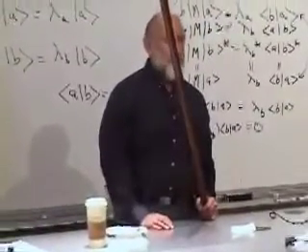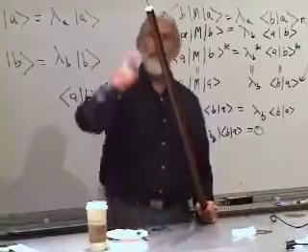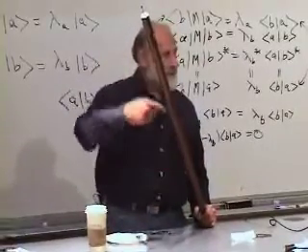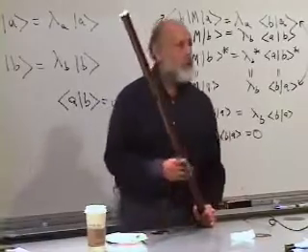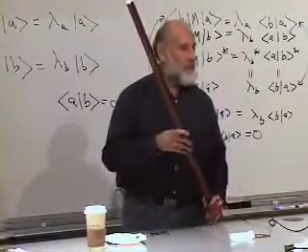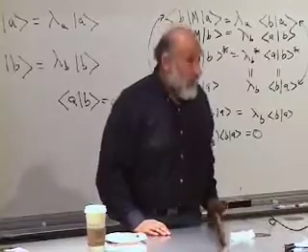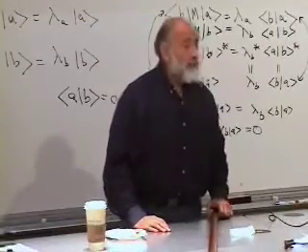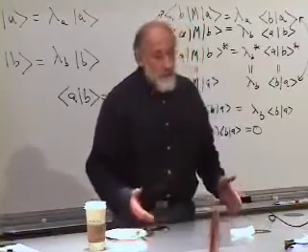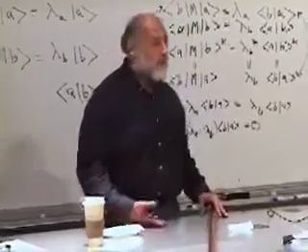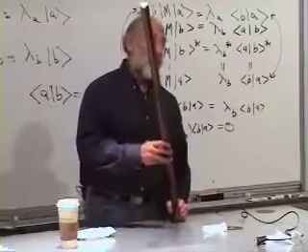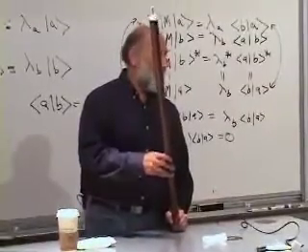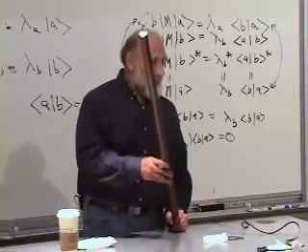You could decide to measure the x component of the magnetic moment, the y component, or the z component. You might think, and classically you'd be right, that you could measure all three of them simultaneously, and in that way figure out exactly where the magnetic moment is pointing.